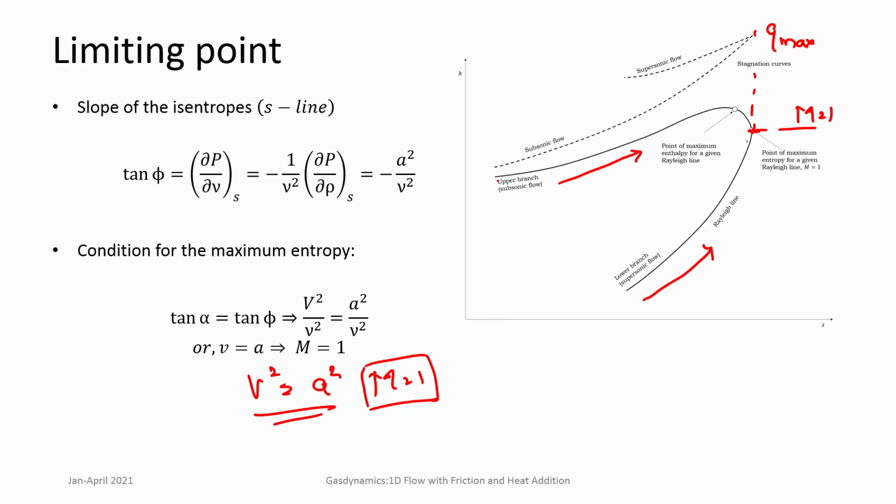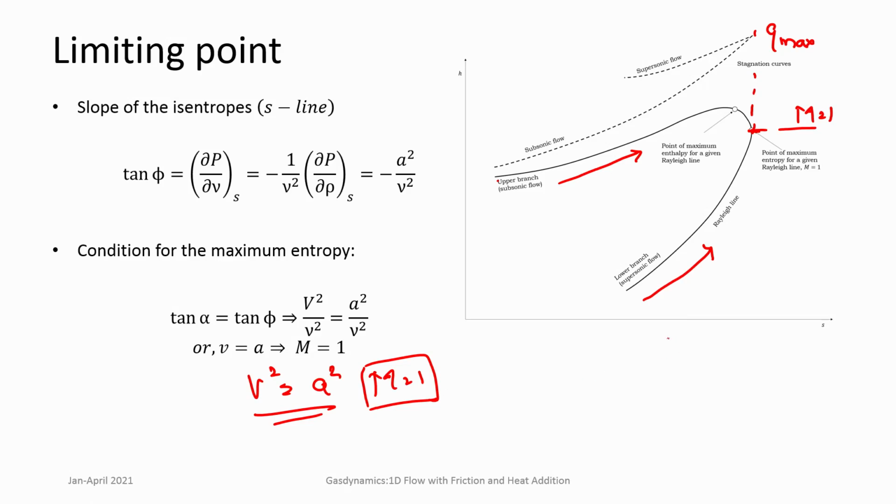This is slightly different from an adiabatic flow like the frictional Fanno flow, where you cannot have the flow going smoothly from a subsonic flow to supersonic flow.